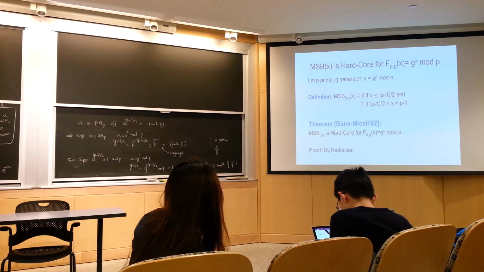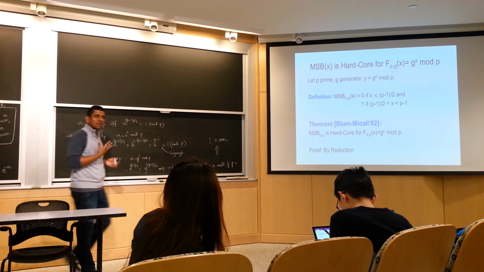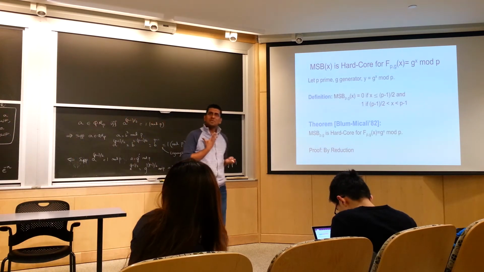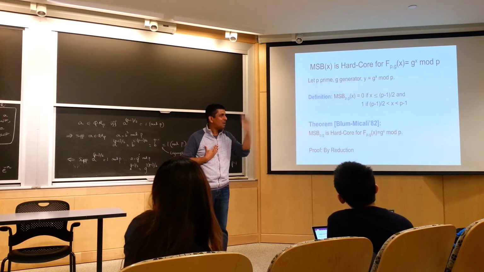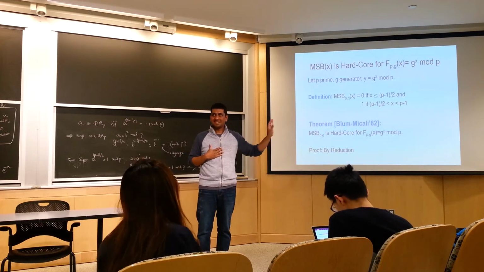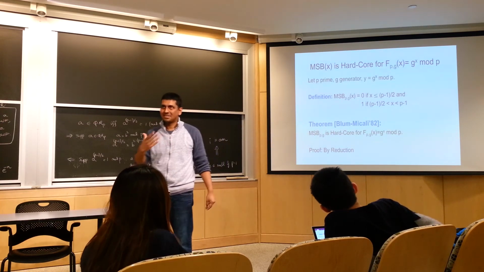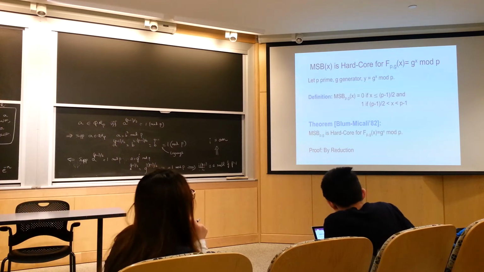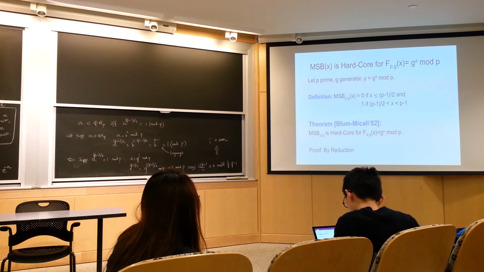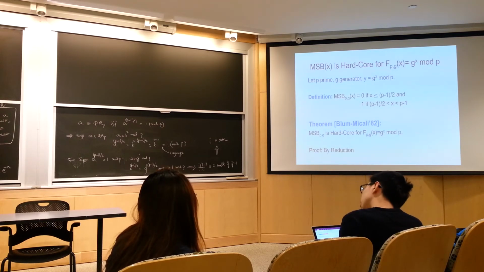Does that make sense why I'm saying this? Because it'd be pretty stupid to design a predicate that was biased. In particular, that would give Bob an advantage without seeing anything. This is the most significant bit for us.